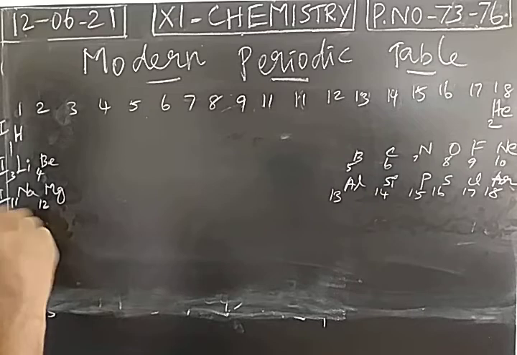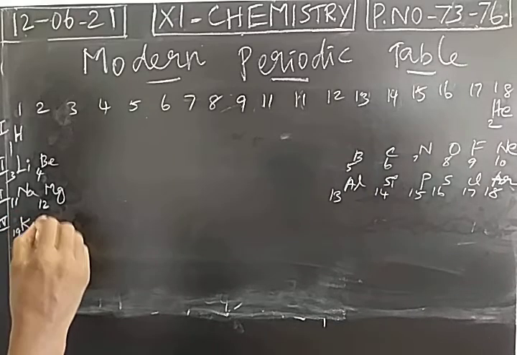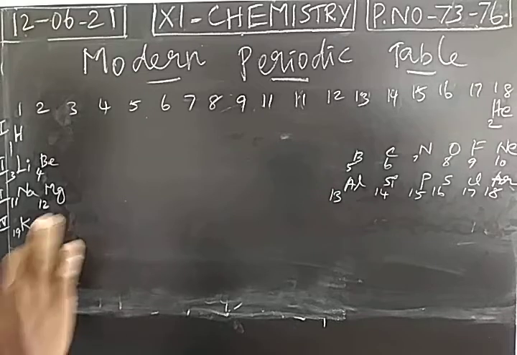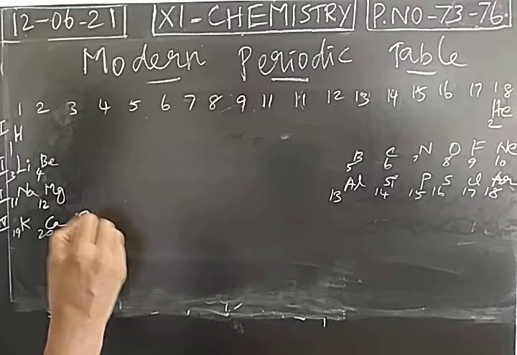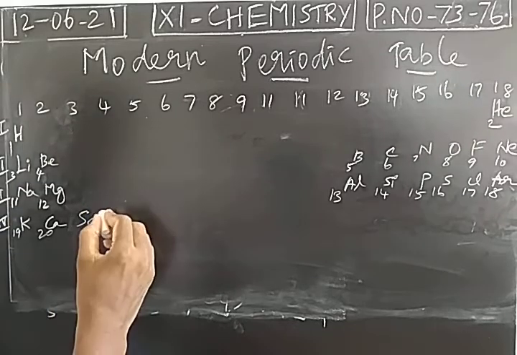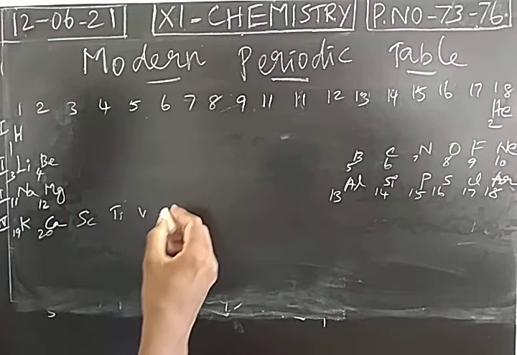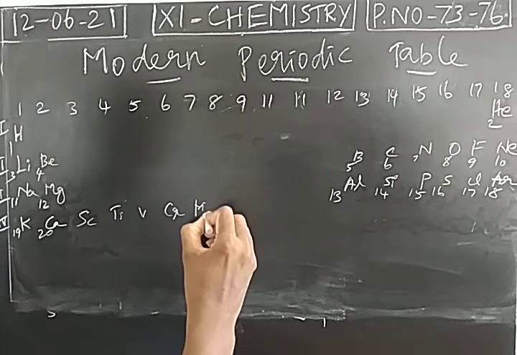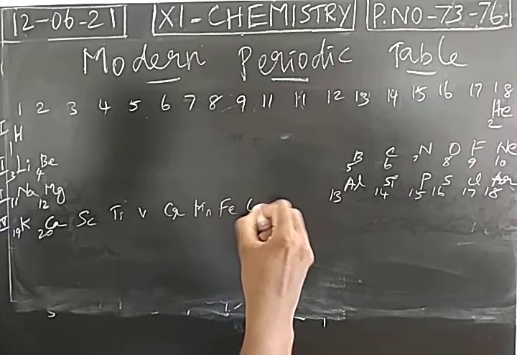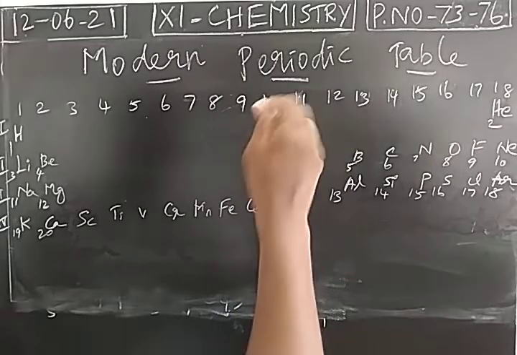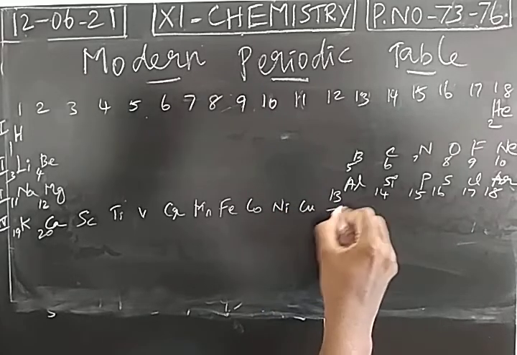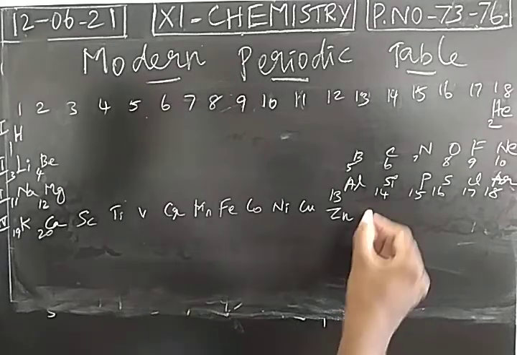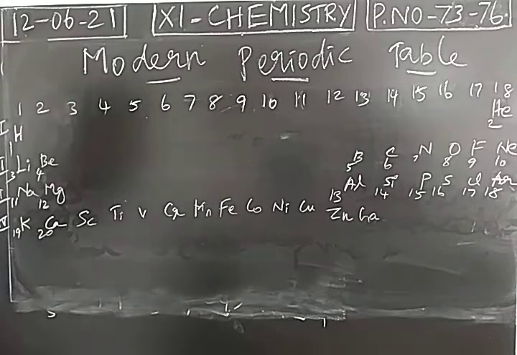Then the fourth period will start with potassium, then calcium, then scandium will be placed in the third group. Scandium, titanium, vanadium, chromium, manganese, iron, cobalt, nickel, copper, zinc, and the next element, gallium, germanium, and so on, like that it goes.